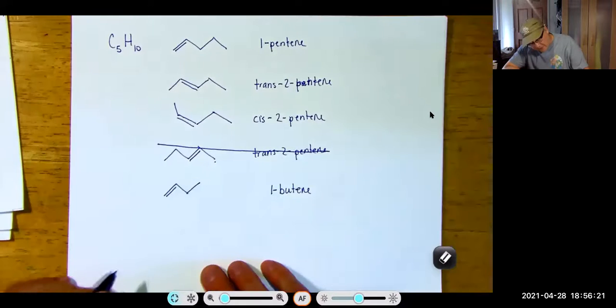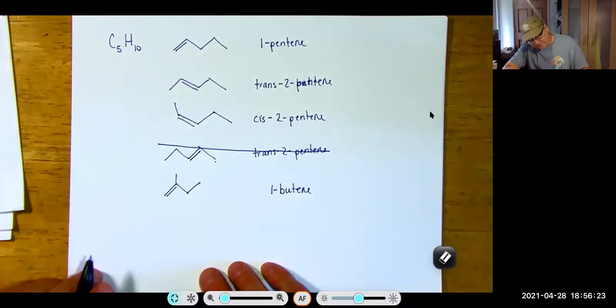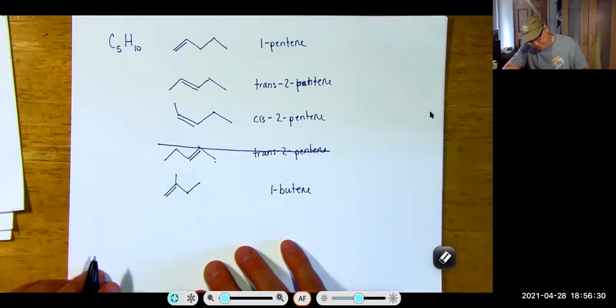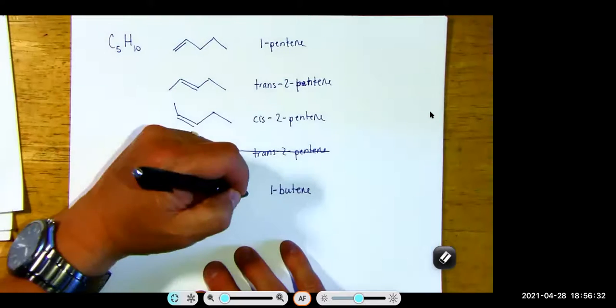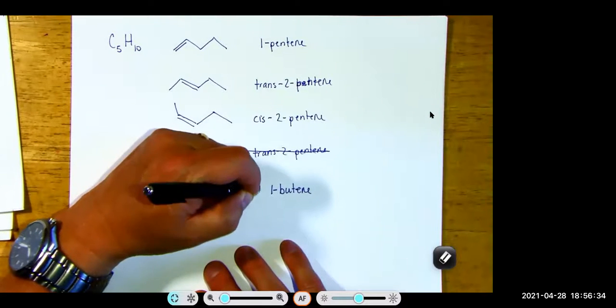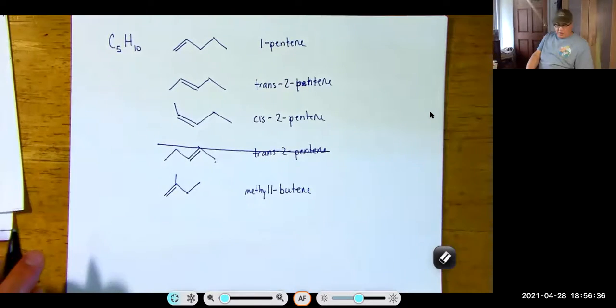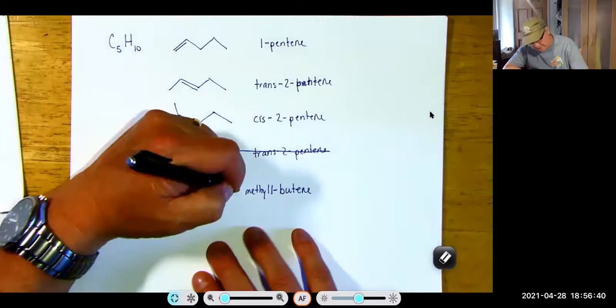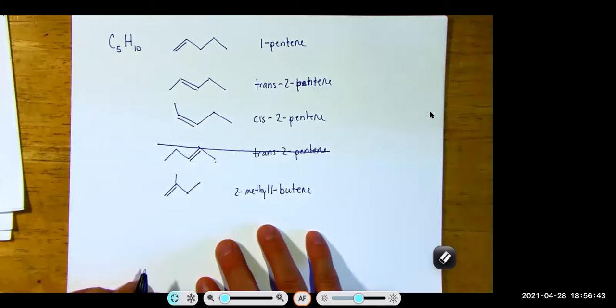Where are we going to put the methyl? Well, let's put it here first. What do we call that? 2-methyl. Yes. Why do we want to call it 2-methyl? Because it's on the second carbon.